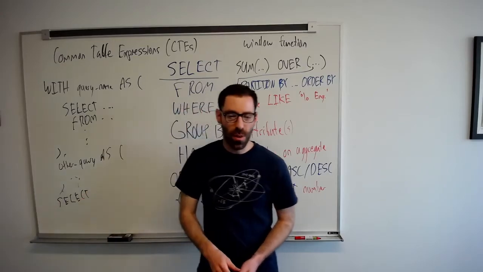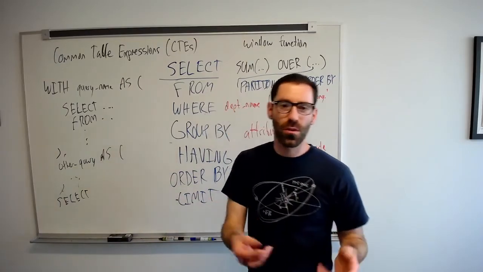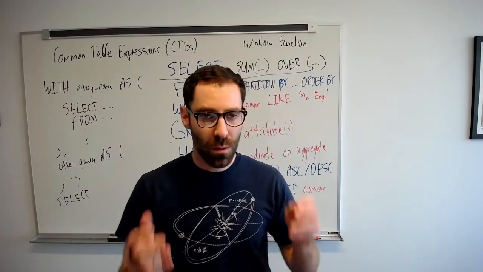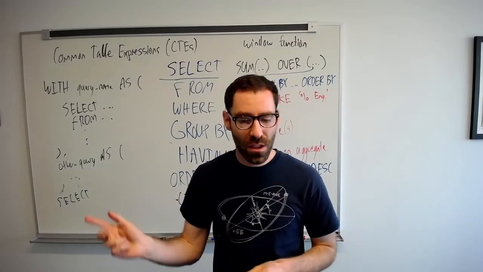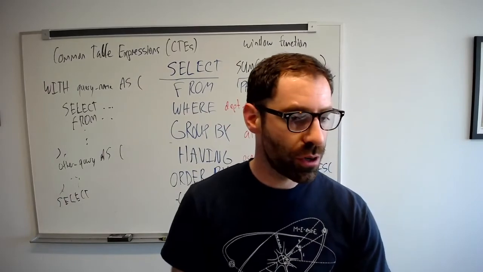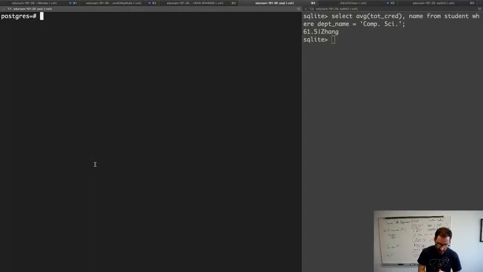As an example, here is a query that would be quite difficult to write without using one of these CTEs. The query that I want to write is to find the instructor in each department who has the highest salary in that department.